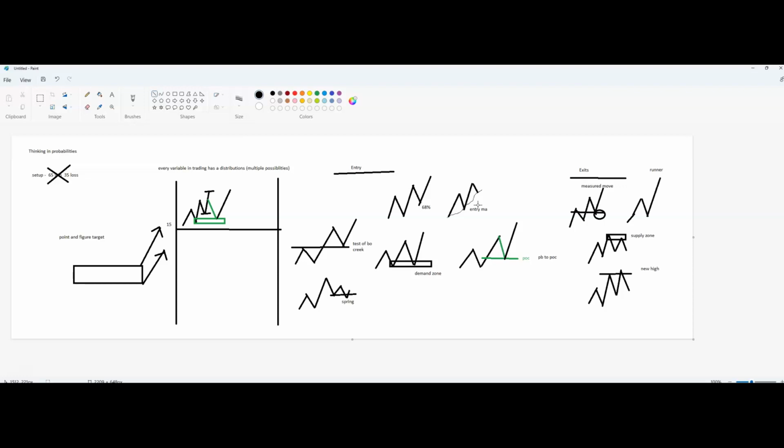That's thinking in probabilities. So you see how much more of a skill it is than just taking a trade setup and saying, oh, this is a 65% winner, or this is an 80% winner, or this is a 35 to 50% winner. That is not telling you how to execute, because every one of those winners will have random entries and exits. So someone says, okay, this is, I don't know, a 70% winner, right?